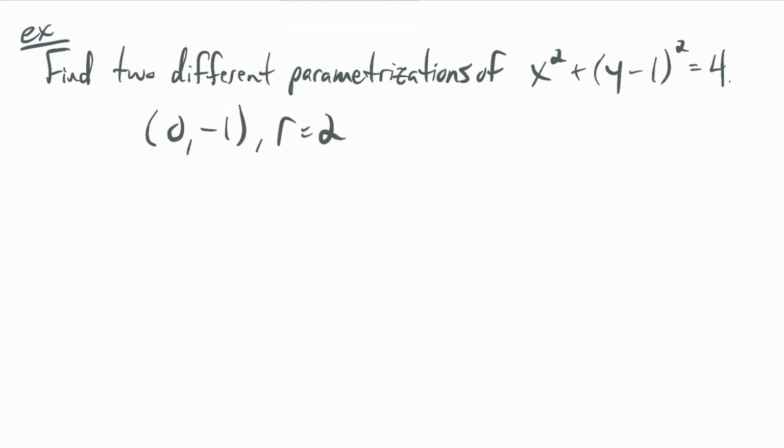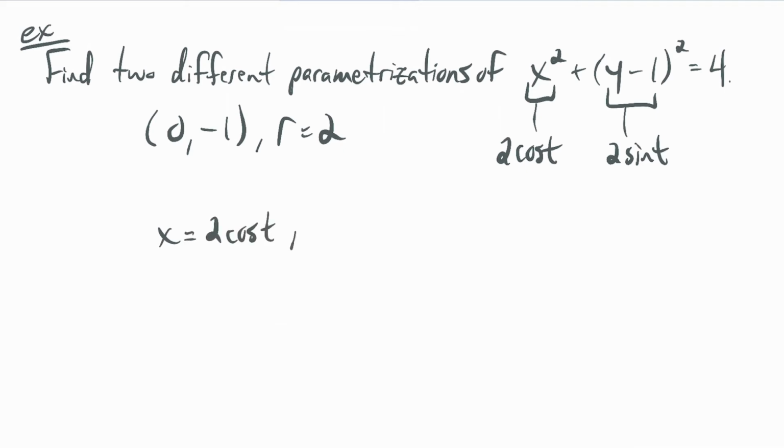So what I'm going to do is call this x 2 cosine t, and this y minus 1, I'm going to call 2 sine t. So that I have x equals 2 cosine t, and y minus 1 equals 2 sine t.